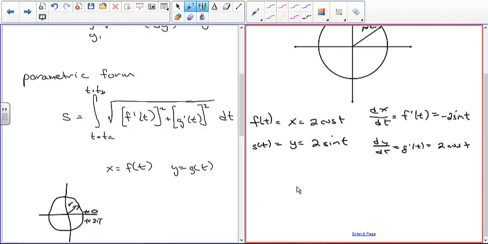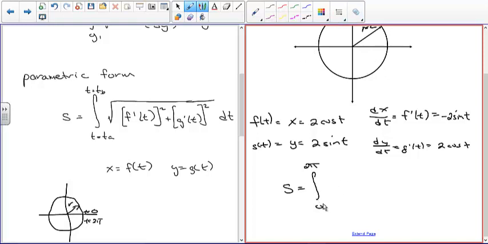So if we plug those in to calculate the distance along this line, which we know is 2 pi r, the circumference of a circle, we would integrate from 0 to 2 pi. That's how the parameter has to vary to go around: here's t equals 0, and it goes around to t equals pi, t equals 2 pi. That makes a full trip around.